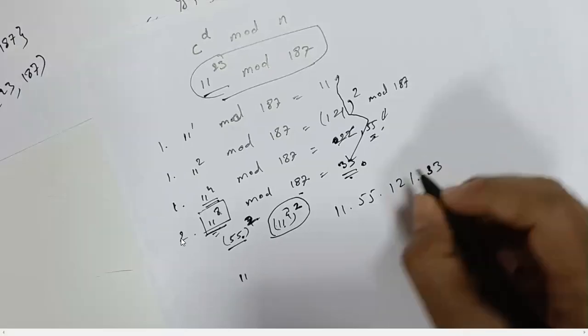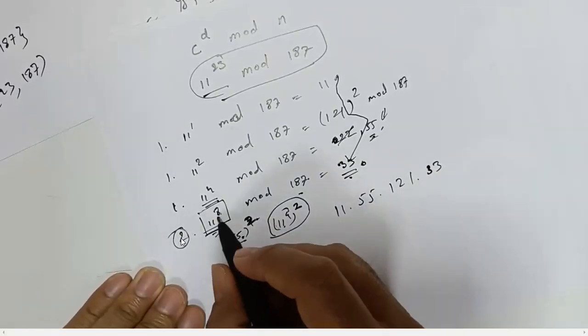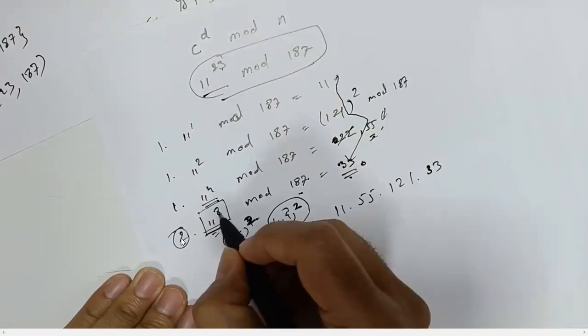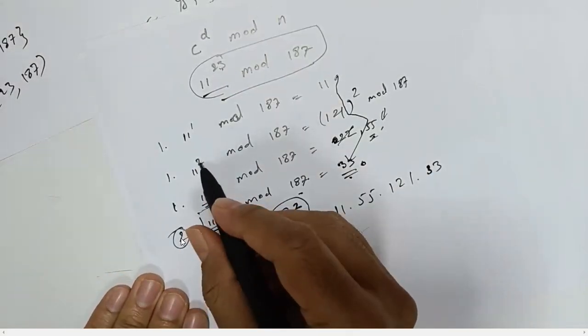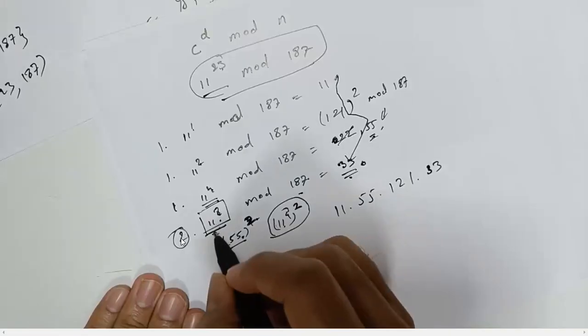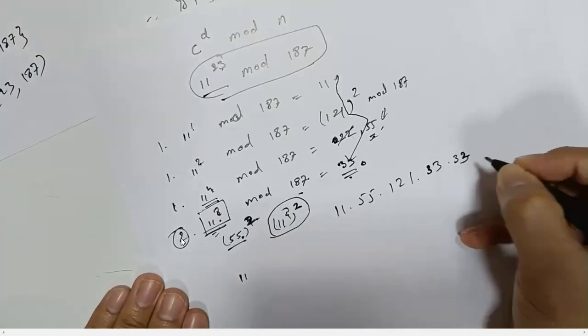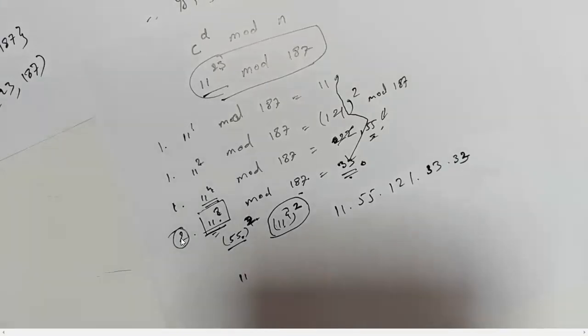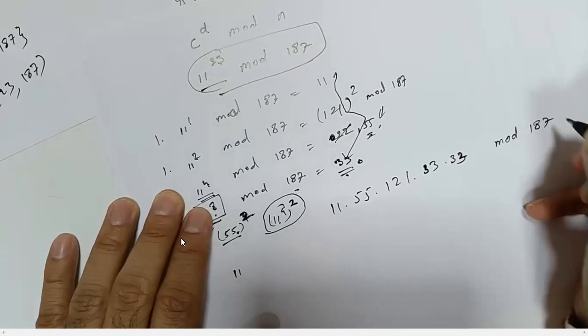You have to take this twice, right? Because for 23, 8 plus 8, that is 16 plus 4, 20 plus 2, 22 plus 1. So this you have to do, I'm sorry, twice. 33, you have to take 2 times. Mod 187.